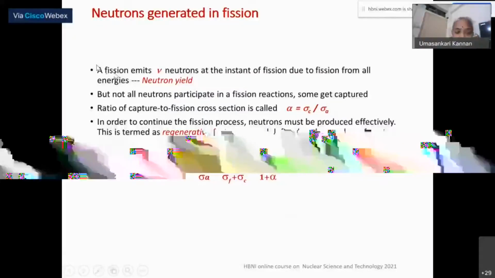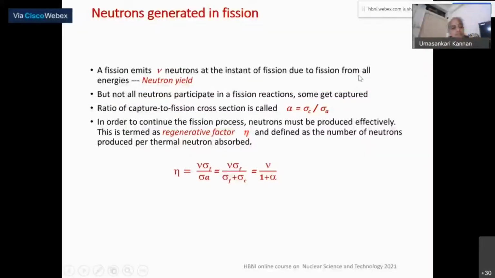I had already mentioned that any fission event emits new neutrons. This number, nu, is called the neutron yield at the instant of fission, due to fission from all energies. But not all neutrons participate in a fission reaction. Some of them get captured. Like I told you, uranium-235 has 100 barns as capture cross-section and 580 barns as fission cross-section.